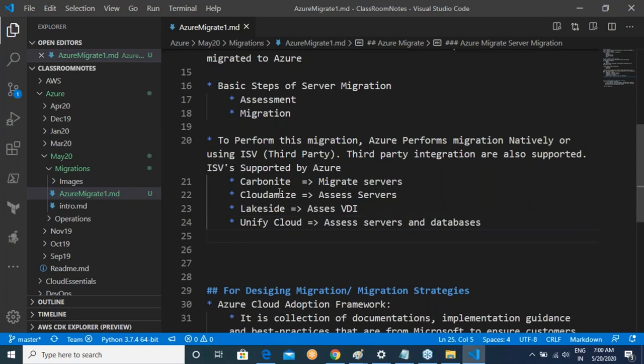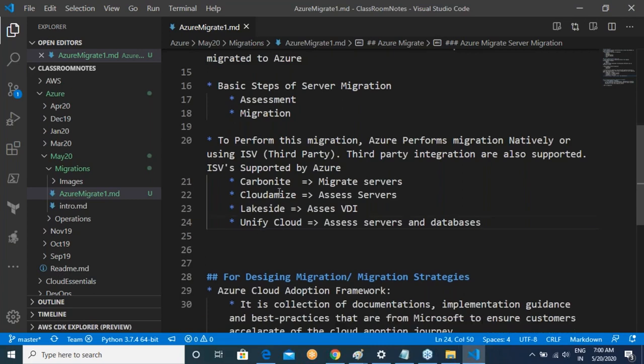Microsoft also used to have a tool called Mover. Now this is acquired by Microsoft, and you don't see this product as part of the third-party integrations anymore. So when you are doing the migration, you have a chance of using Microsoft's tools.